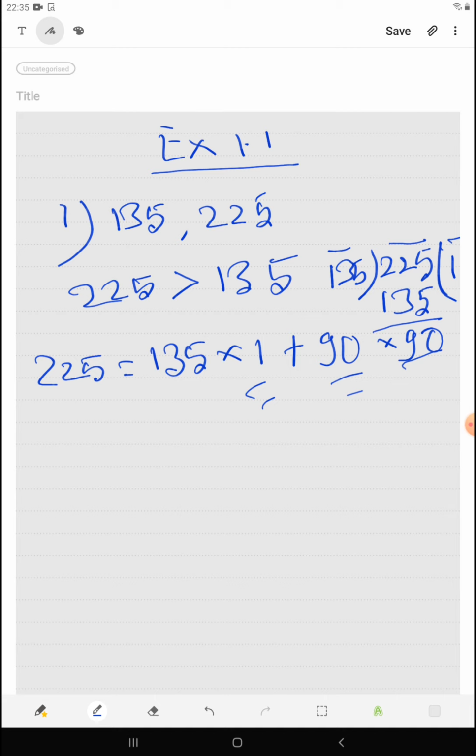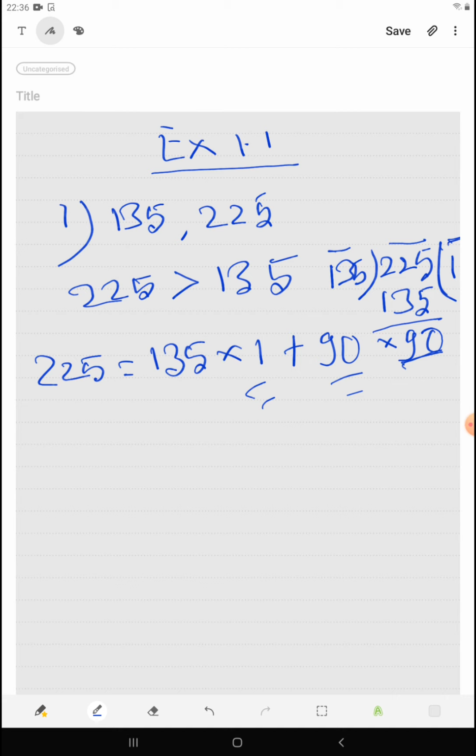Remember this. Divisor is something with which we divide. Dividend is something which is getting divided. Quotient is what we get after division. And remainder is what is left after subtraction. If it is not fully divided, then after subtraction, whatever number you get, that is the remainder. Okay.